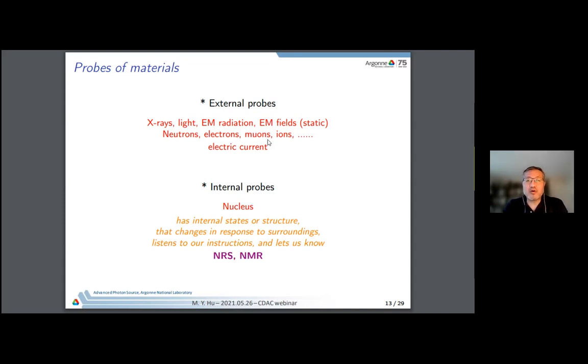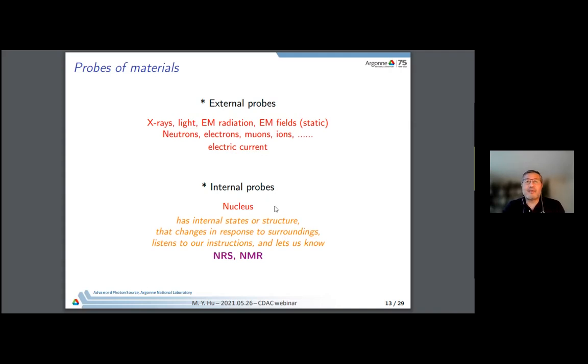But there's another kind of probe, which is a probe in the common daily life sense. It's some gadget, right? You send it somewhere, and it has its internal structure, internal mechanism, internal state, and that will change with the surroundings. And in daily life, it listens to our instructions and lets us know. For example, we all know the famous Voyager spacecraft, and the probes on Mars now. There are several of them.